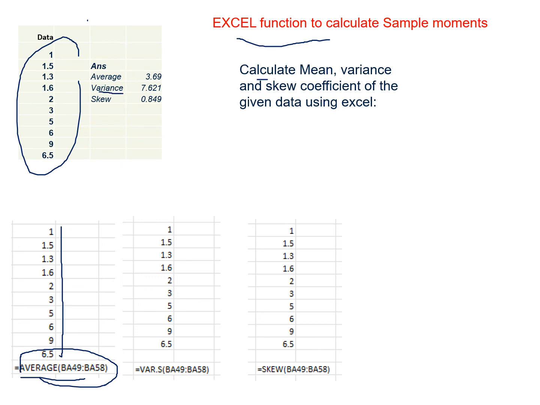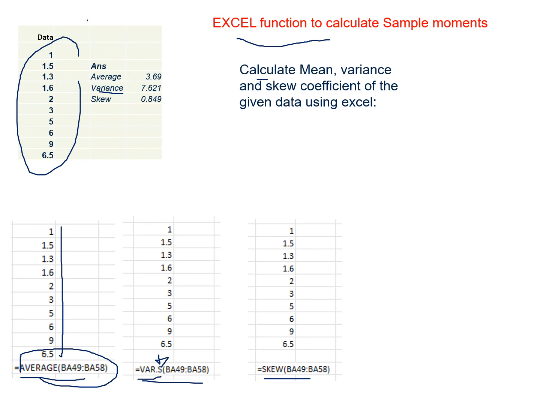To calculate the variance, you see VAR.S and VAR.P in Excel. We want to use S because that is the sample data. If it is the population data, then you need to use P. For sample, you use VAR.S, and similarly for skewness, use the SKEW function in Excel.